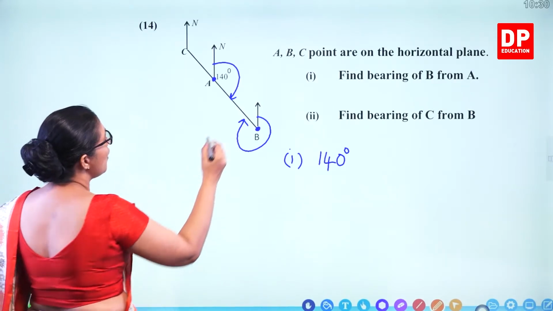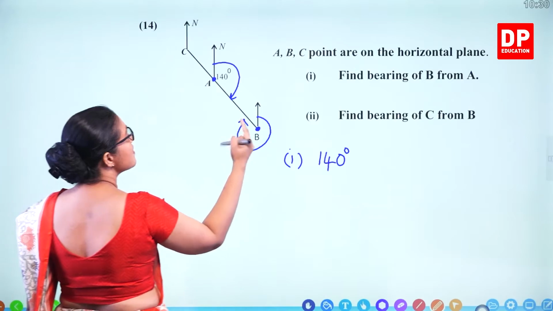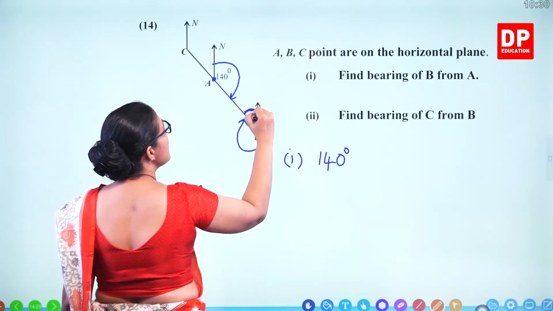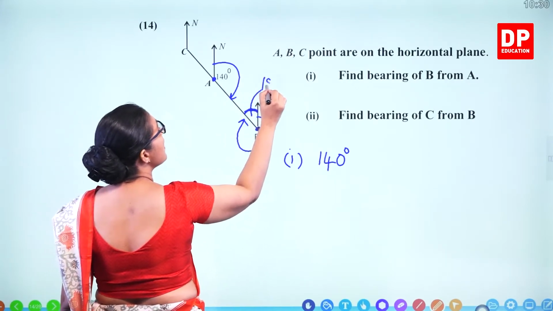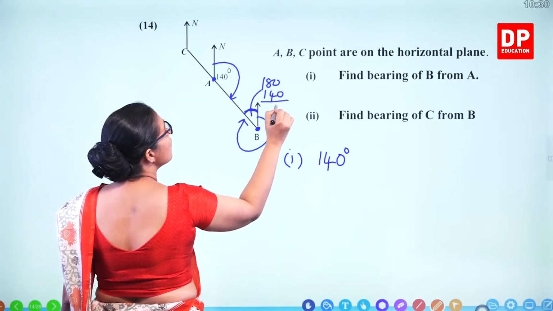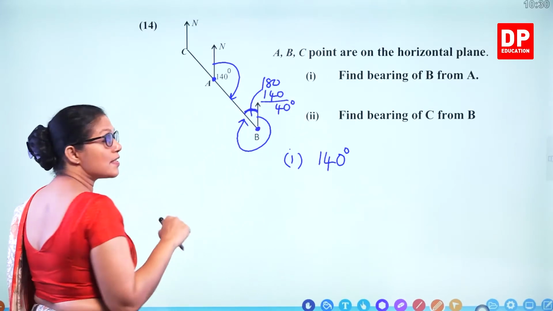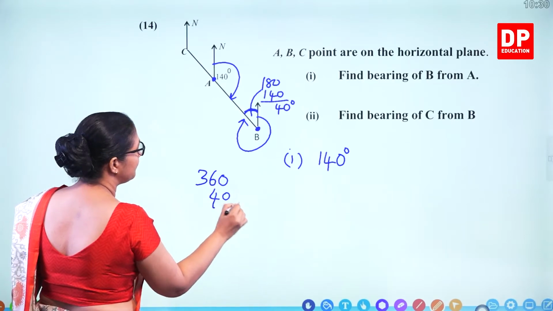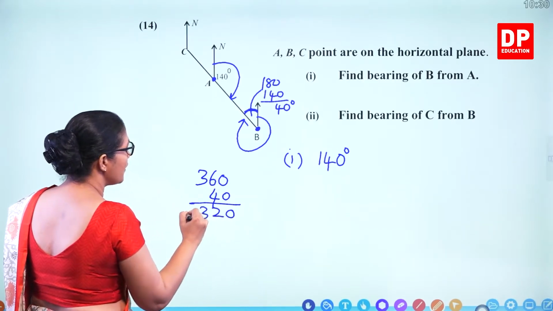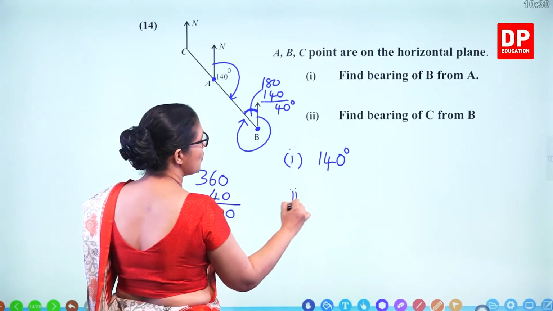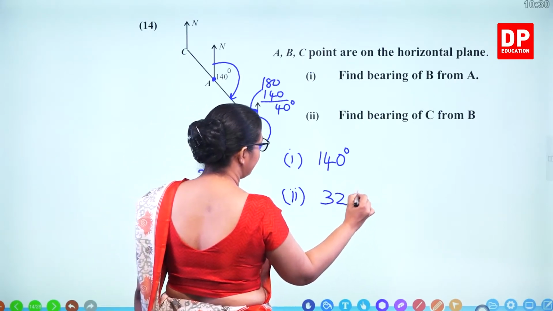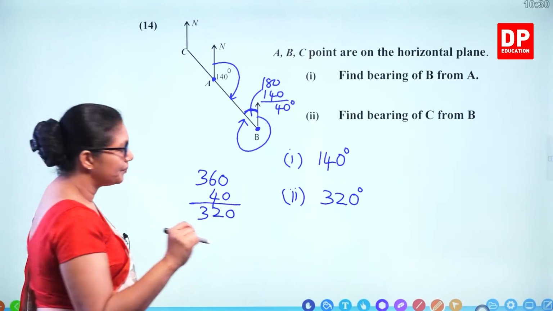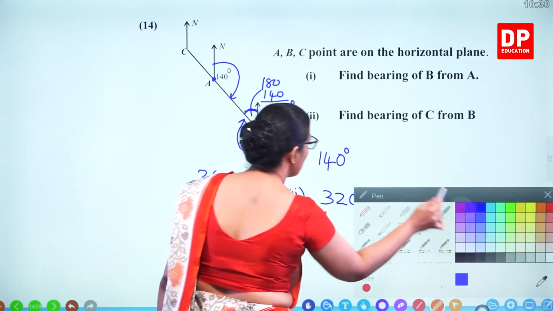If we can find out this angle, 360 minus that. So this and this are allied angles. So this means 180 minus 140, 40 degrees. If this is 40, what's the other angle? 360 minus 40, 320 degrees. So that's the bearing of C from B. So 2 marks, 1 for each.